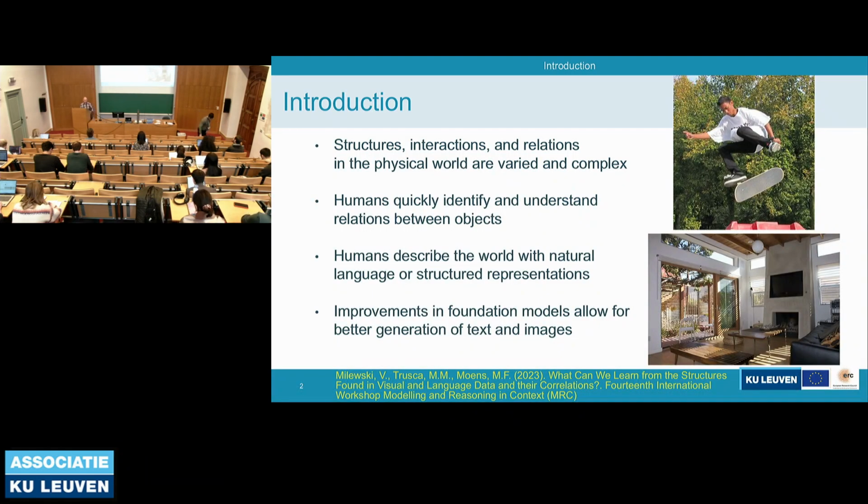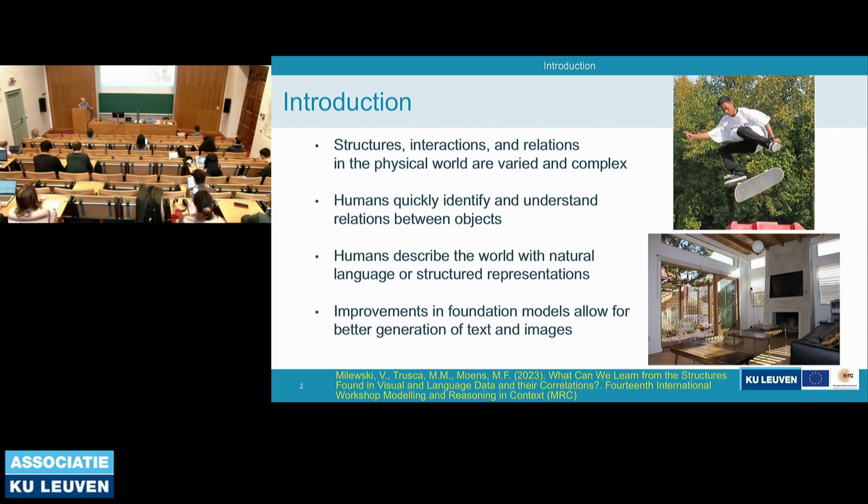So what do we talk about in this talk? When we talk about structures and interactions in the physical world, there's a lot of interaction between objects, humans and objects, and between humans themselves, which are very easy for humans to comprehend and understand, while they are rather difficult for computers and machines to automatically recognize and understand.